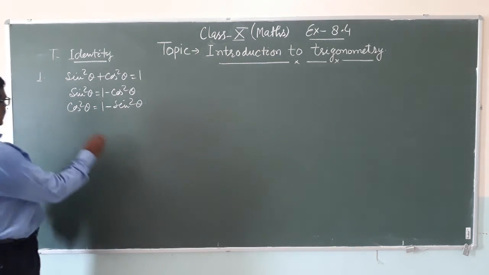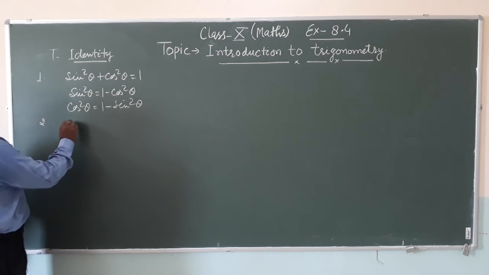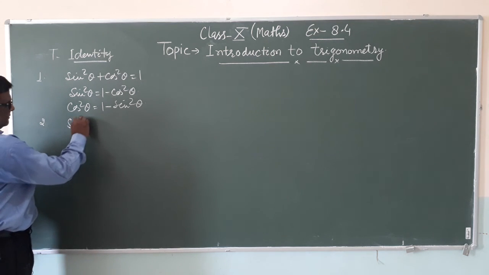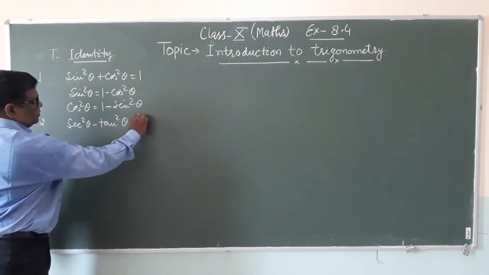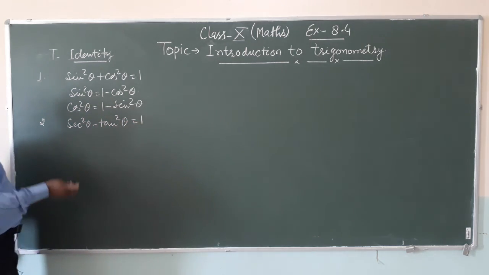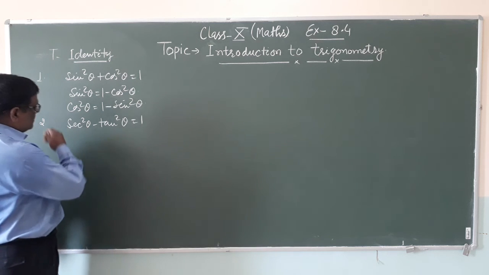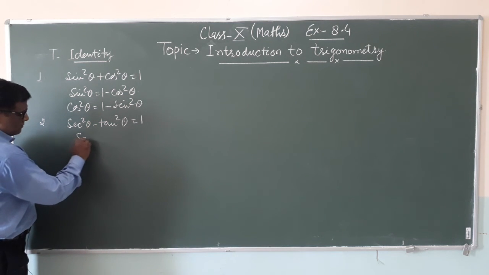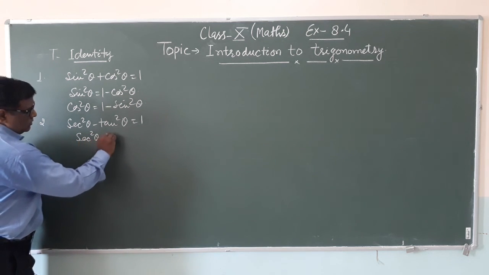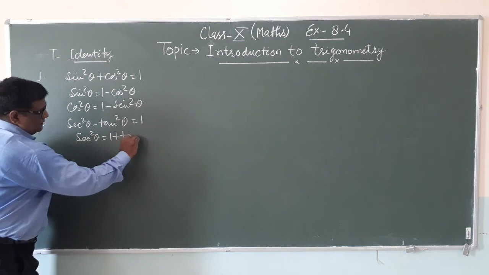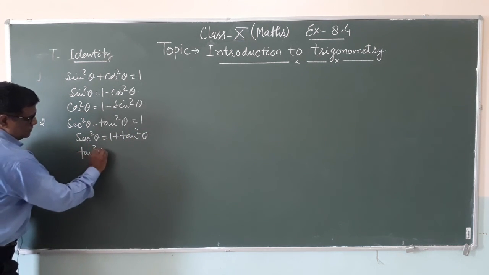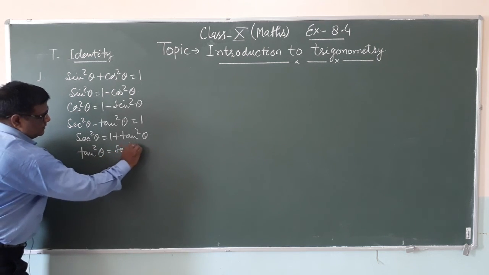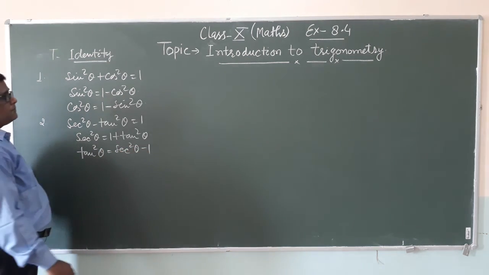Now our second identity is sec square theta minus tan square theta is equal to 1. So we have to find another two formulas: sec square theta is equal to 1 plus tan square theta, and tan square theta is equal to sec square theta minus 1.